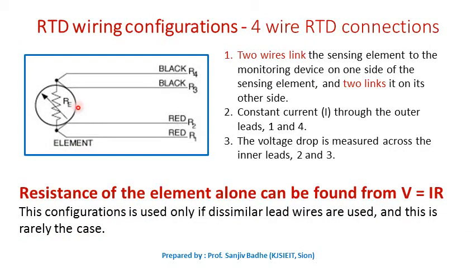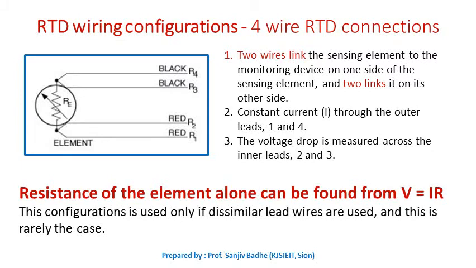We have seen with a 2-wire configuration, it is not possible to measure the resistance of the sensing element correctly. So, we went for a 3-wire configuration. In 3-wire configuration also, the requirement is that the resistance of the 3 wires used must be the same. If you do not have the 3 wires having the same resistance, then we can go for a 4-wire configuration.